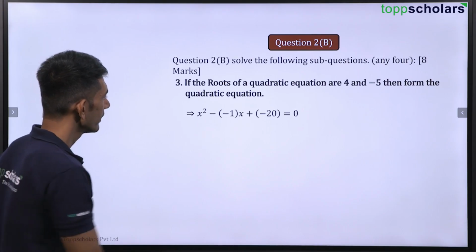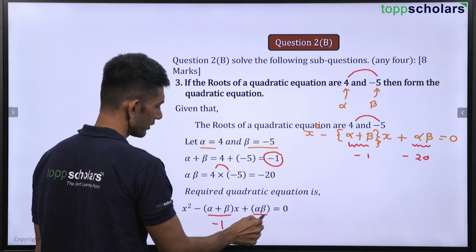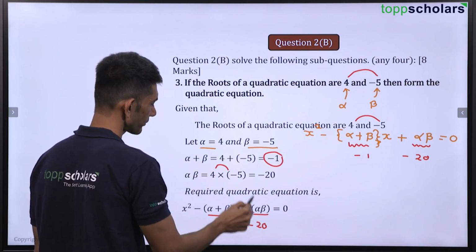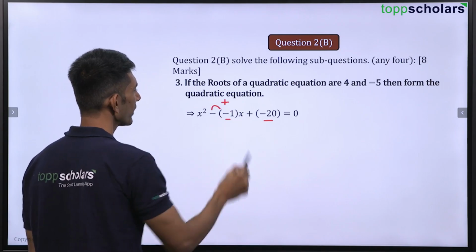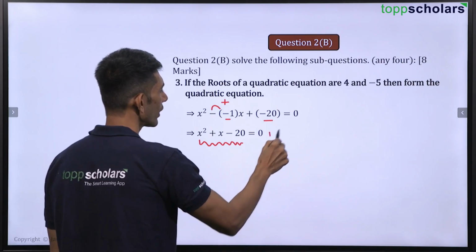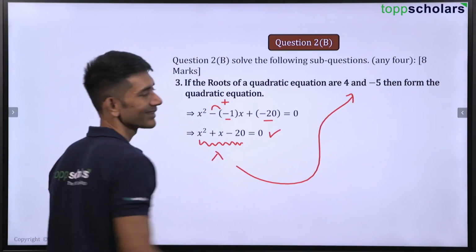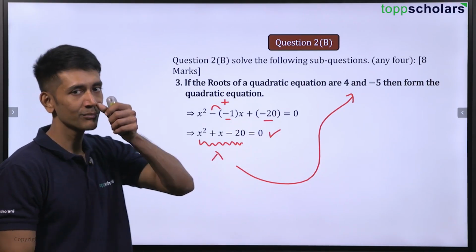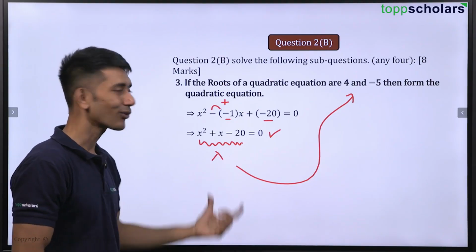That is x square minus, this becomes minus 1, this becomes minus 20, minus minus becomes plus, so x square plus x minus 20 is equal to 0. That's it. You don't have to solve this again. Even if you solve this, you're going to get the same answer because we got the quadratic from the roots. So from the quadratic, we are going to get the roots only. So don't solve it further.